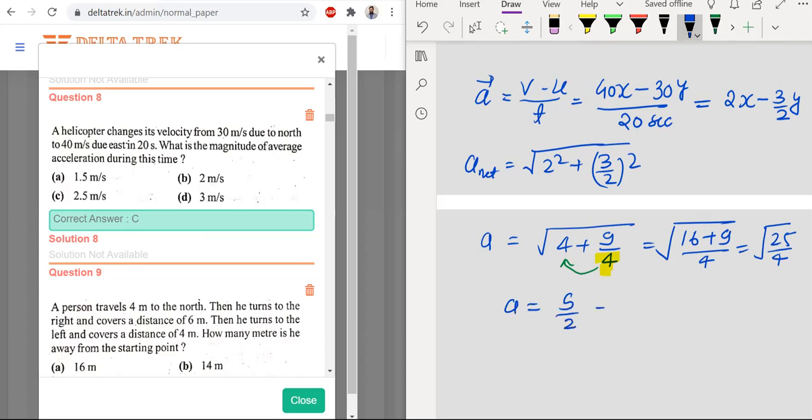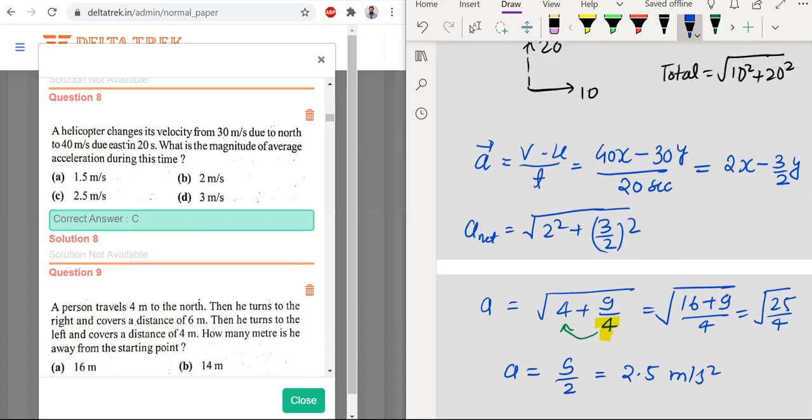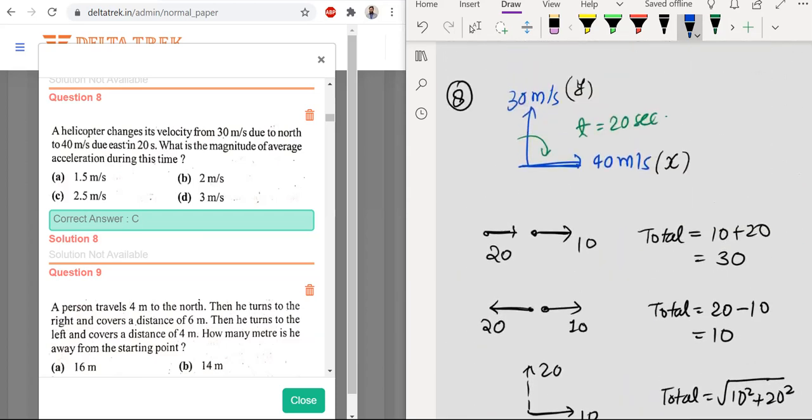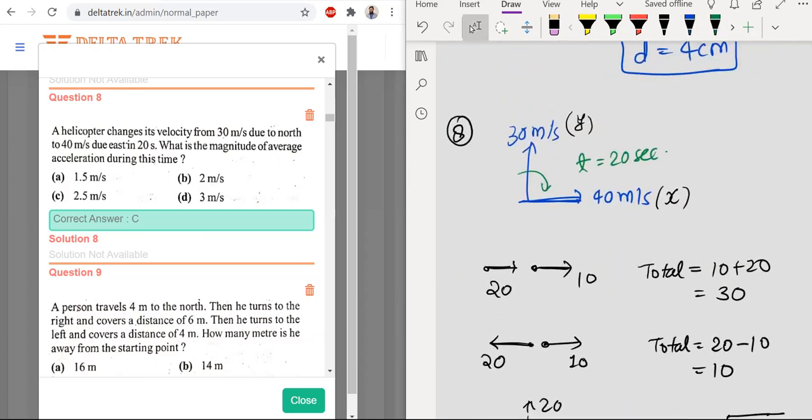So the answer will be 5 by 2, which we can write as 2.5 meter per second square. So this was a good question because both the directions were involved. I already explained to you what happens when both the directions, x and y both, are involved.